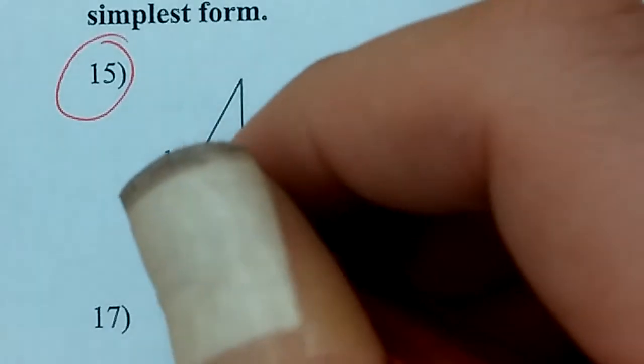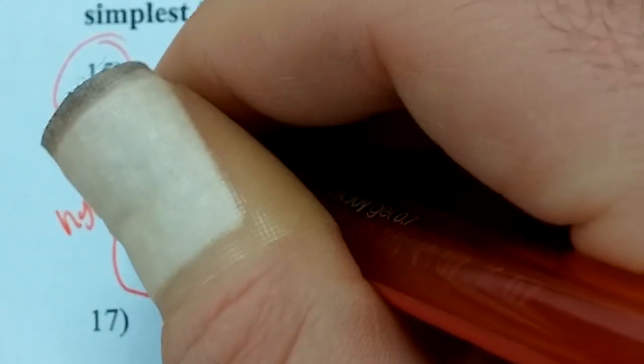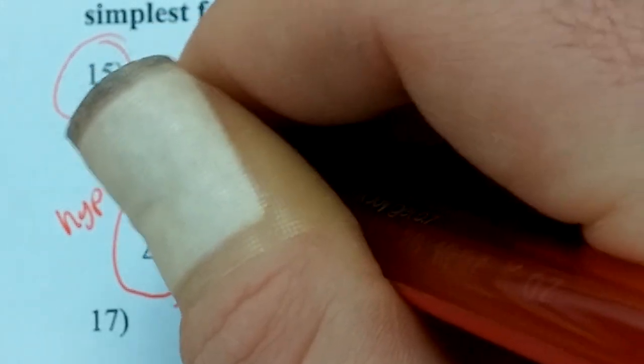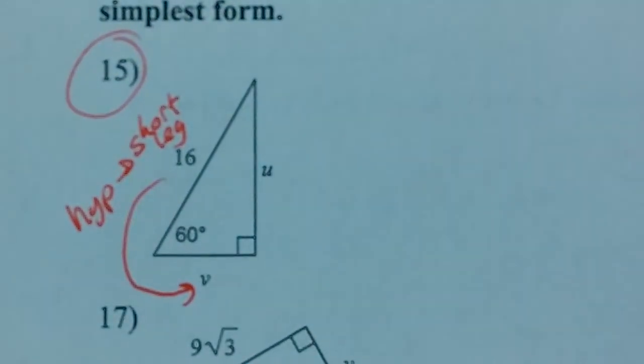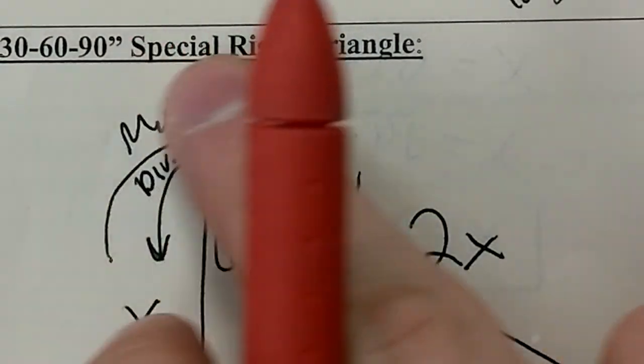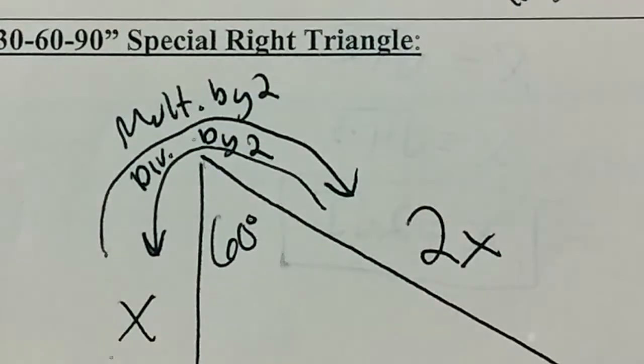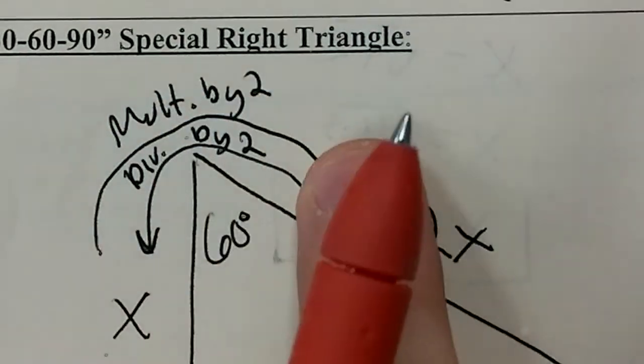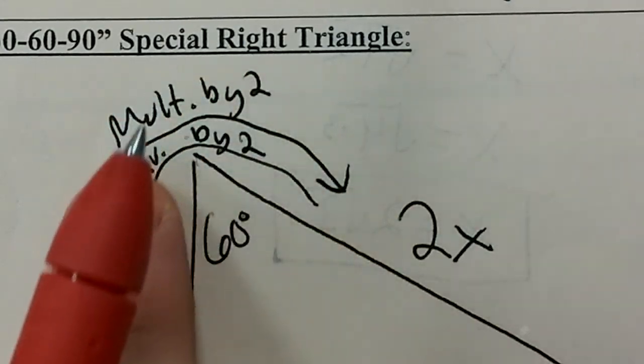So, hypotenuse to short leg. If you refer to your diagram from before, hypotenuse to short leg is multiply by 2. Sorry, that's short leg to hypotenuse. Hypotenuse to short leg is divide by 2.